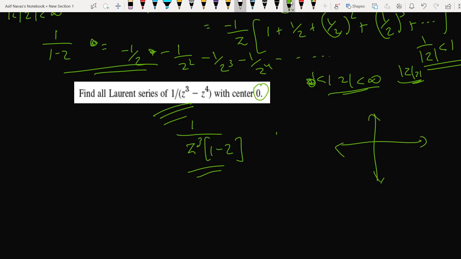You have to find this series representation. We need, there are two singularities, 1 and 0. So you first take the circle 0 less than mod z less than 1, then you find both series representations. Okay.